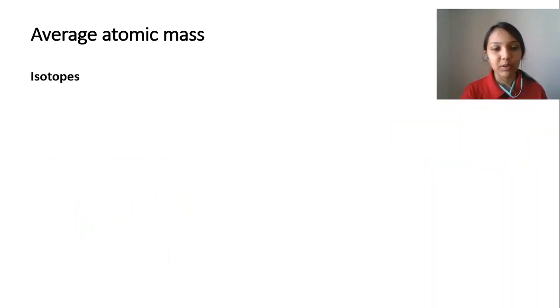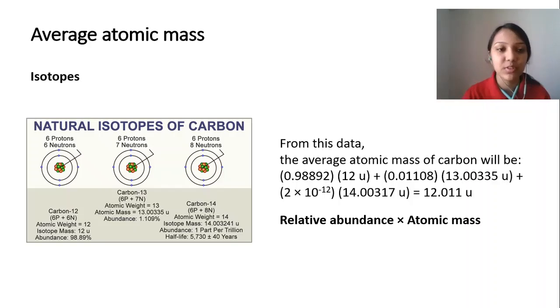Next, average atomic mass. This came into the picture when there were isotopes. As I just said, carbon has 3 different isotopes, so you can't have one basic atomic mass. So what they did was take the average of the atomic masses of all the isotopes. For example, again carbon: there are 3 different isotopes, carbon-12, carbon-13 and carbon-14, and the average atomic mass was obtained by multiplying the relative abundance of each isotope by its atomic mass.